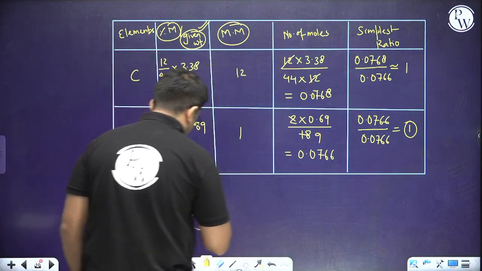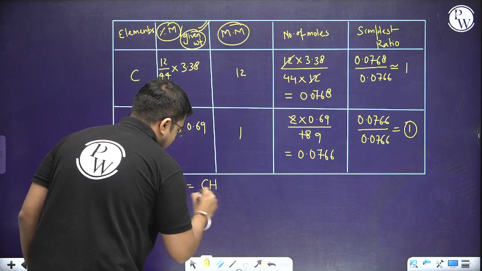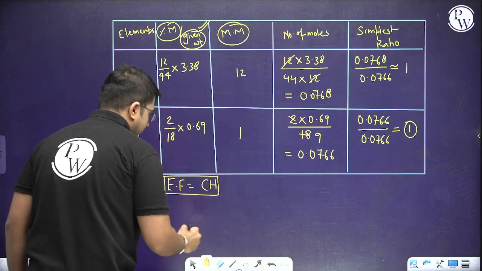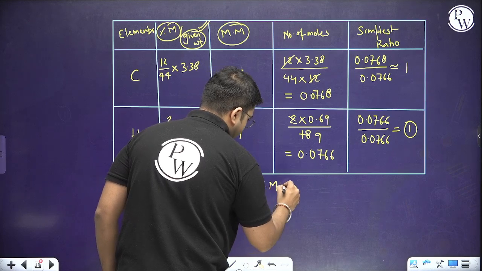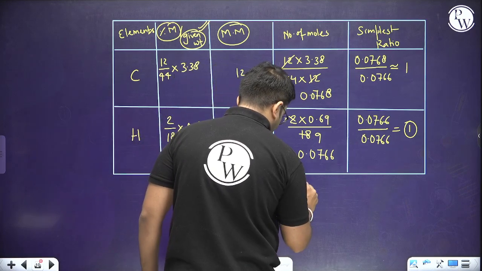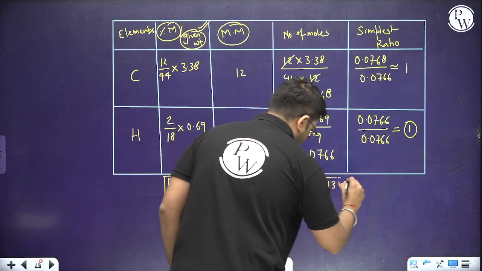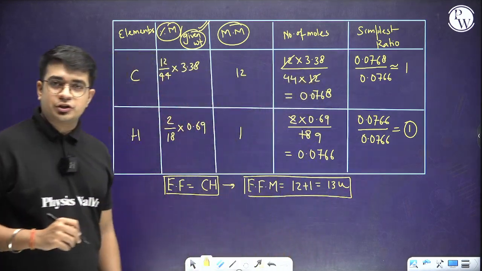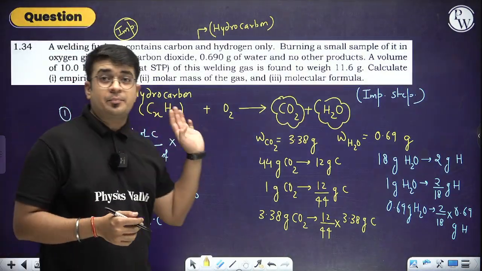So its empirical formula is CH. This is the first part. From that I can say that the empirical formula mass will be 12 plus 1, which is 13 u. So this is the first part of this question. We have calculated its empirical formula as well as the empirical formula mass.